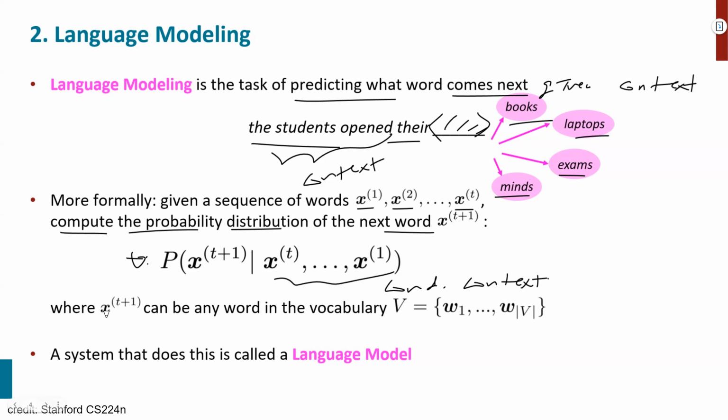And xt+1 can be any word in the vocabulary. And this vocabulary contains around 50,000 words generally. And a system that does this is called a language model.